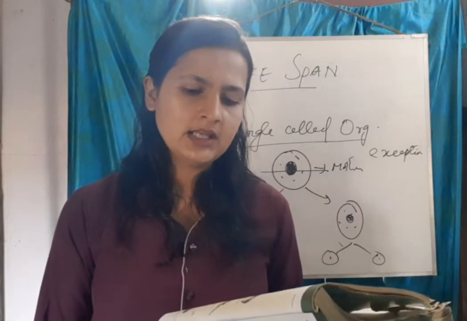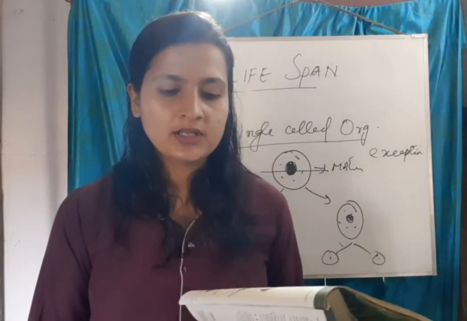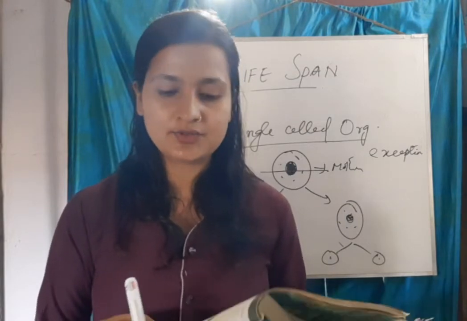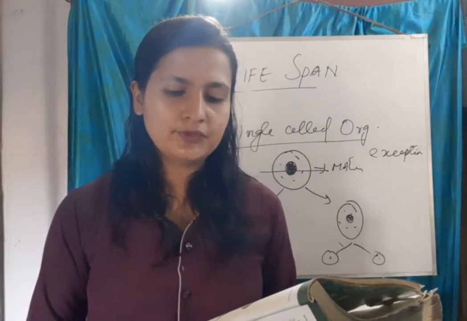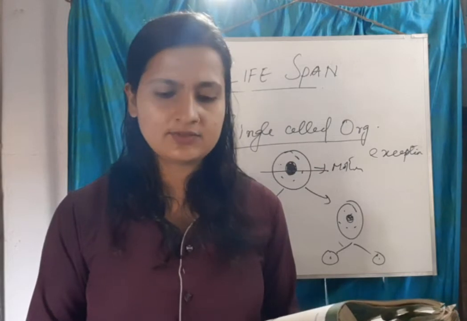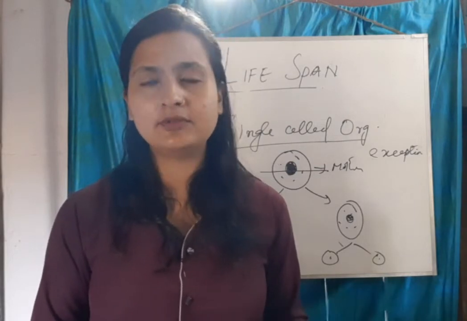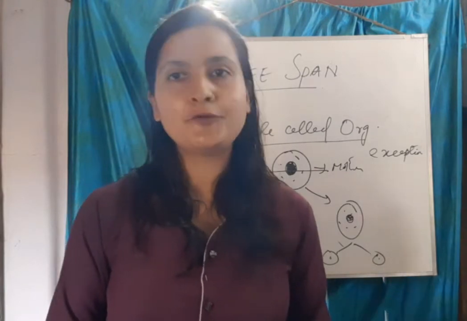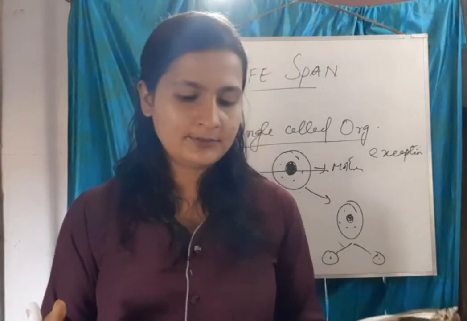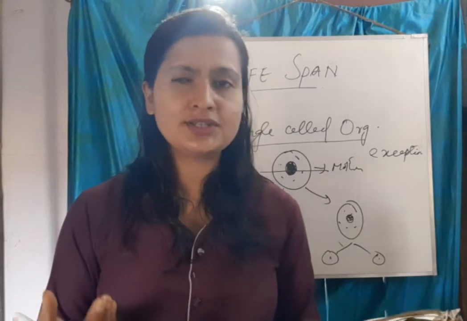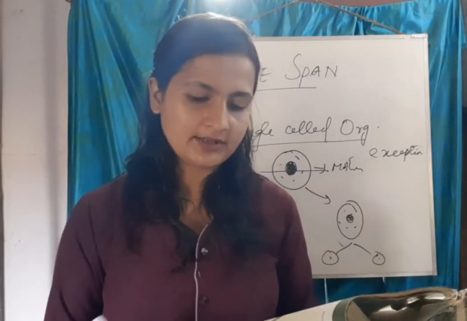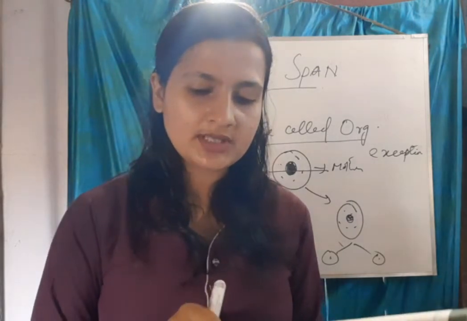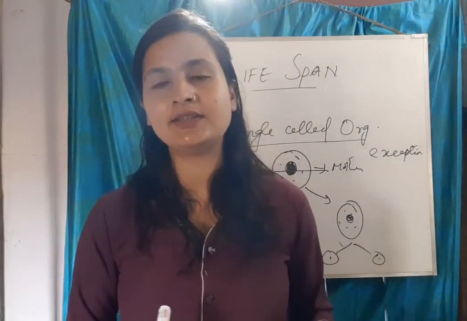Horse is 60 years. Fruit fly, Drosophila melanogaster, or any flies, they survive for 2 weeks. And rice plant is 3 to 4 months; the duration is very less for a rice plant. Then tortoise is 100 to 150 years, and banyan tree is 200 to 300 years.